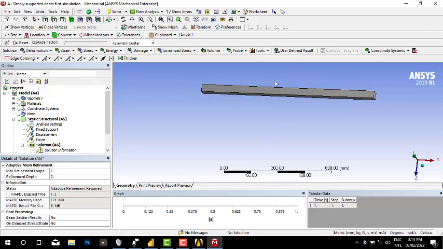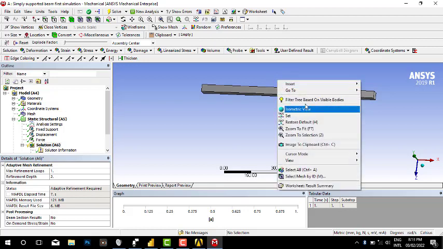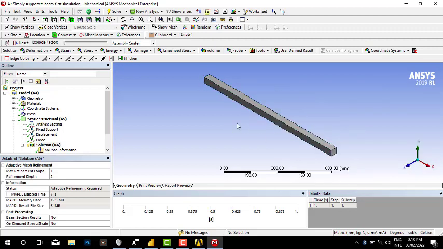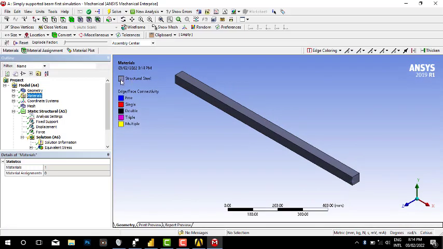It can be imported from other software, but since it's a simple geometry, we had done this inside ANSYS. So if you have a preferred software, Autodesk Inventor, SolidWorks, Fusion 360, SketchUp, AutoCAD, you can import your model, your geometry. And the material we used was structural steel. You can see from the graphics window.